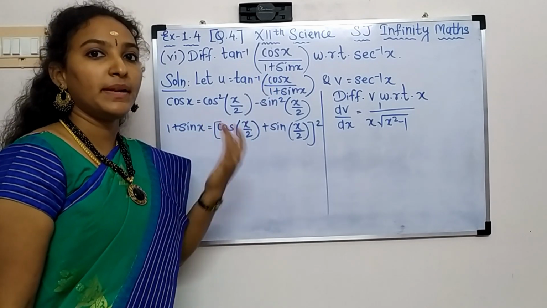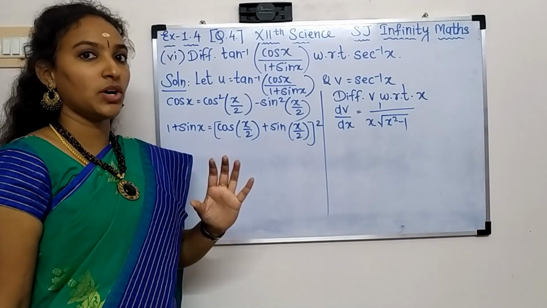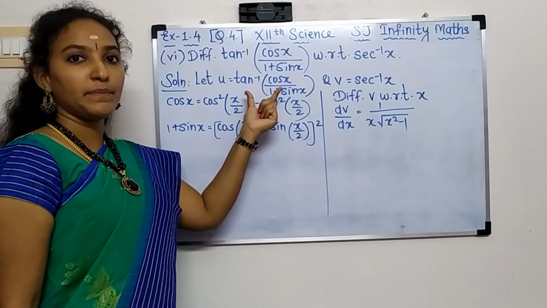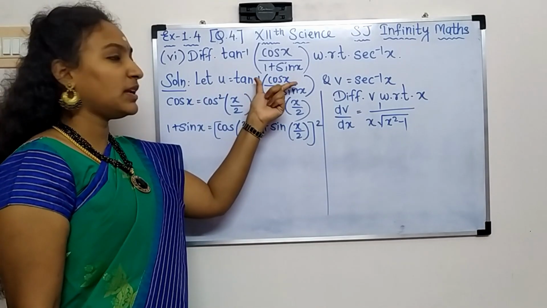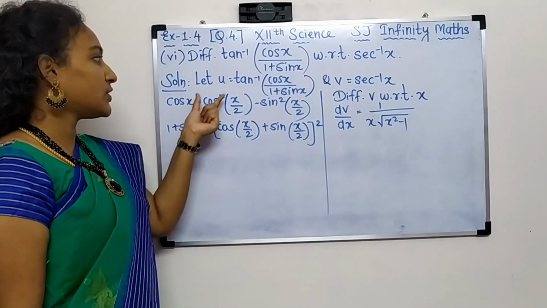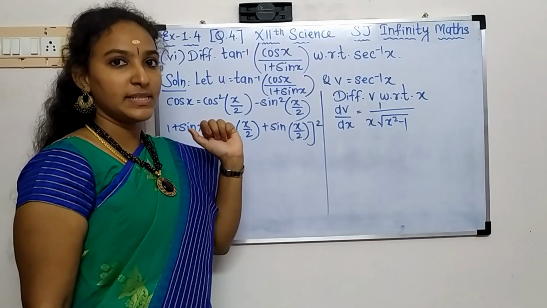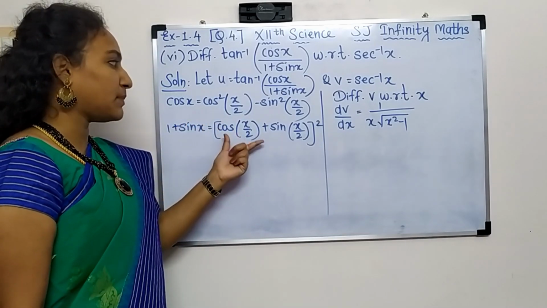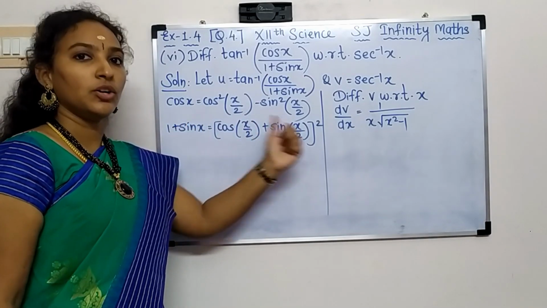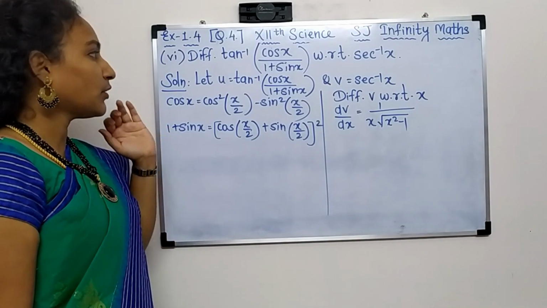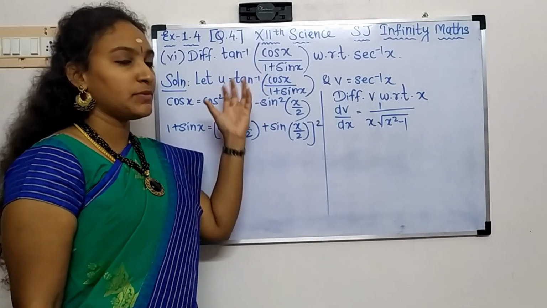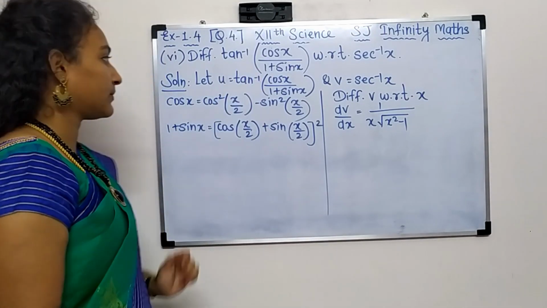Okay. In the previous exercises we have solved this type of problems, and the formula for cos x is cos square x by 2 minus sin square x by 2, and for 1 plus sin x is cos x by 2 plus sin x by 2 the whole square. Okay. For your understanding, I am solving this problem again.